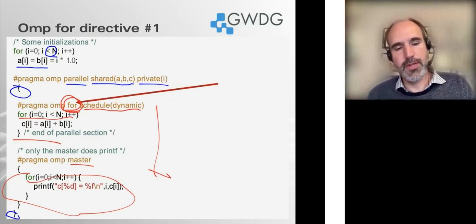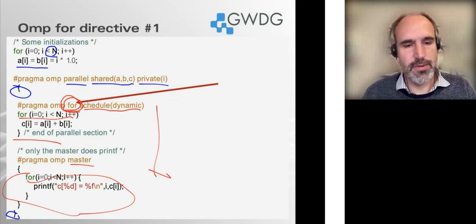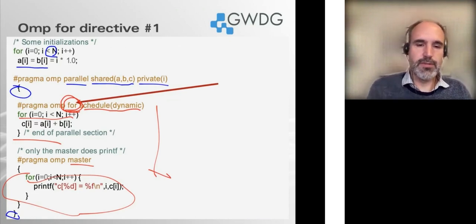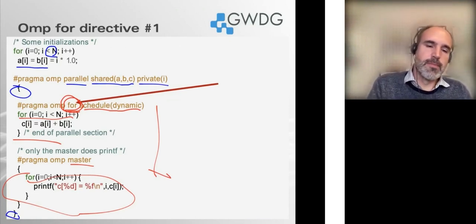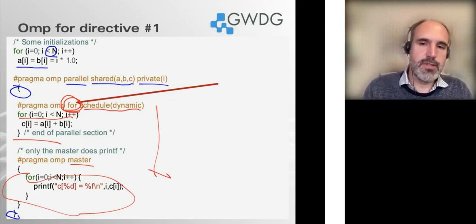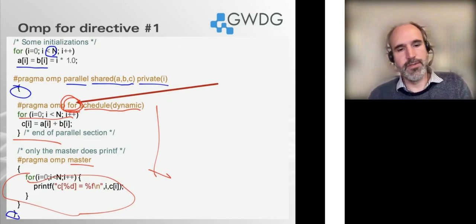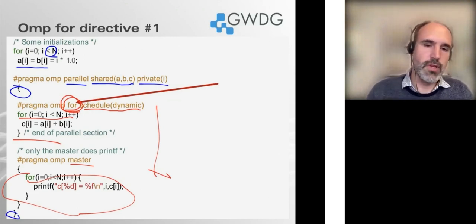After the lunch break, we have, I think, another slide about the schedule. But I can also say now that in the static example, you would make equal size chunks of iterations. So 1,000,000 divided by 10 would be 100,000 iterations for the first, 100,000 for the second, and so on.